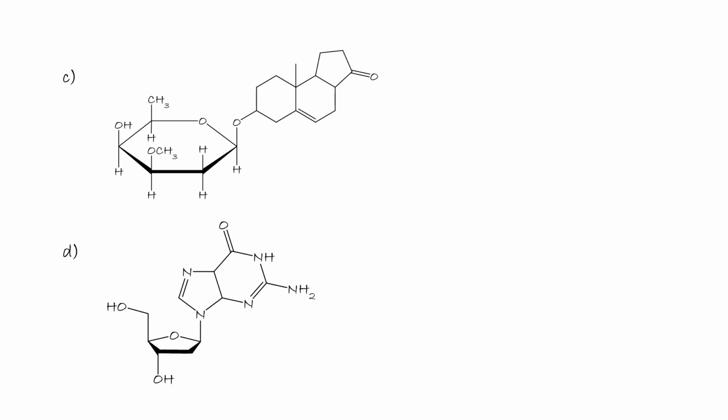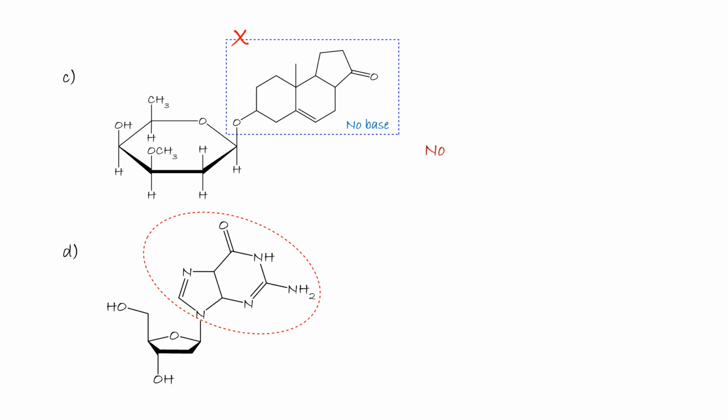For this structure, there is no base in here, that is not a heterocyclic base containing nitrogen, right? So no base, no nucleoside. In here, we have the base, we have the sugar. Yeah, this one is a nucleoside.